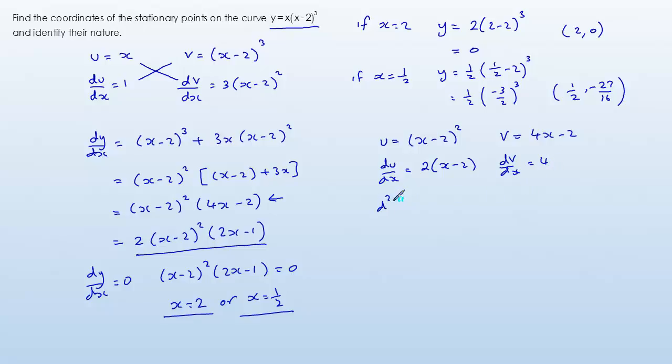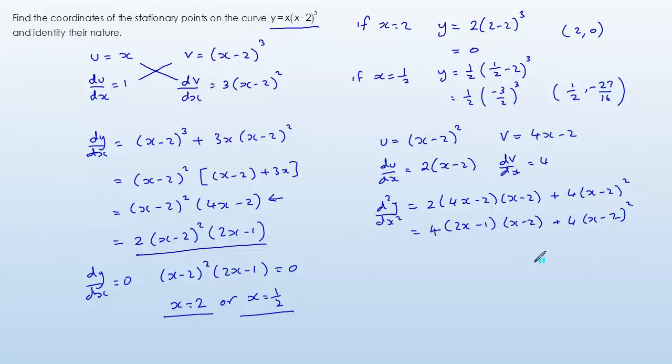So d²y/dx² is v du/dx, so that's 2(4x − 2)(x − 2), plus u dv/dx, which is 4(x − 2)². So this one here, if we take out the common 2, is 2(2x − 1)(x − 2), and then we have 4(x − 2)².